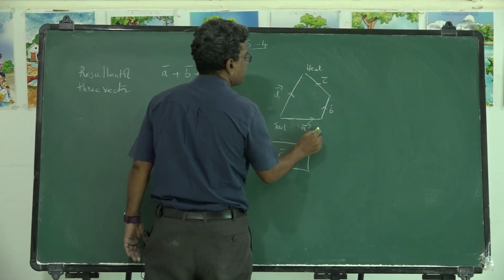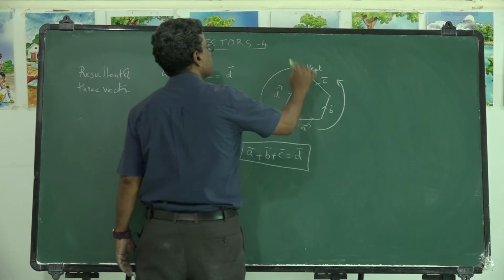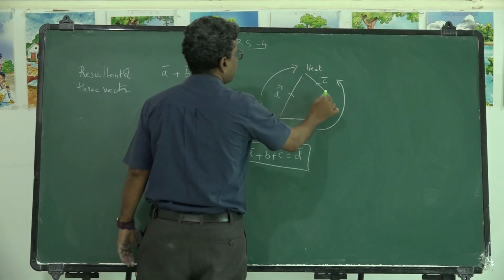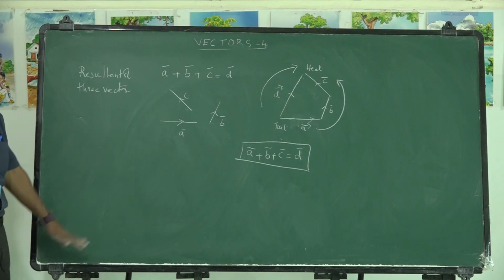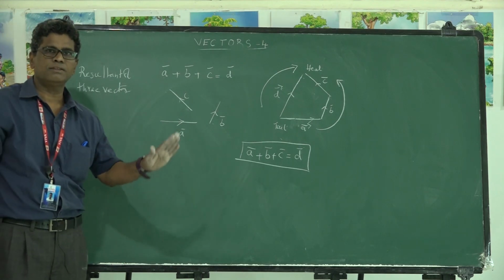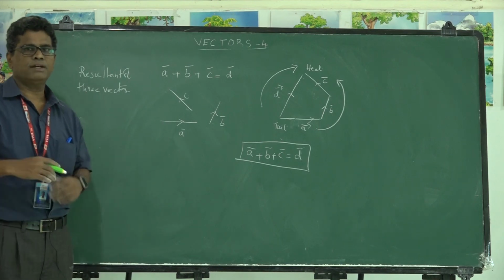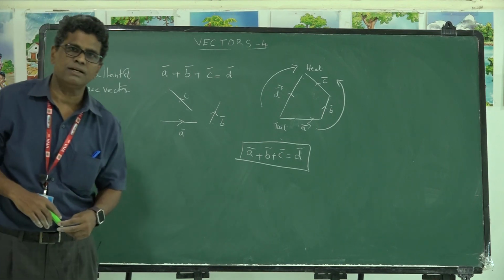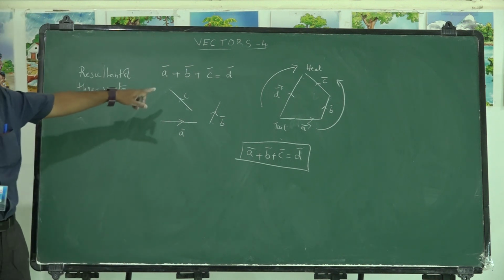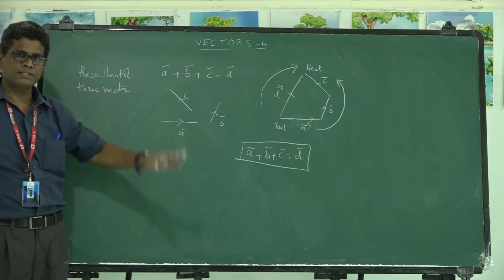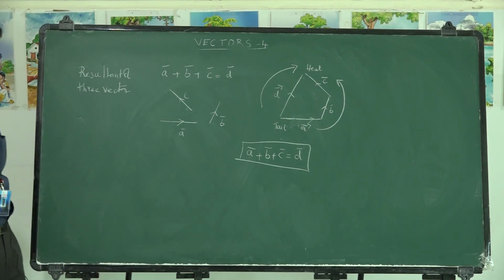If these vectors are taken in order, then the closing side, taken in the reverse order, represents the resultant of the given vectors. This is the geometric procedure for three vectors. Like this, we can extend it for any number of vectors. First I explained for two vectors how we can add geometrically, then I explained for three vectors. Like this we can extend it for any number of vectors.